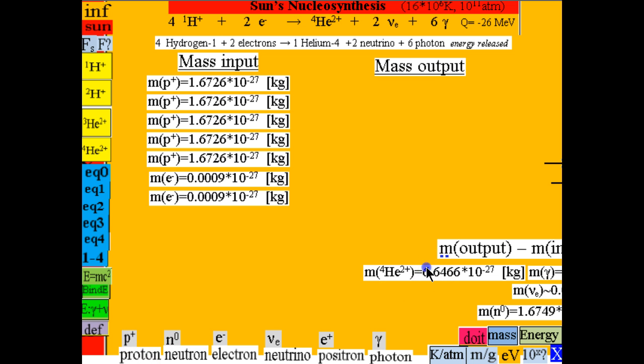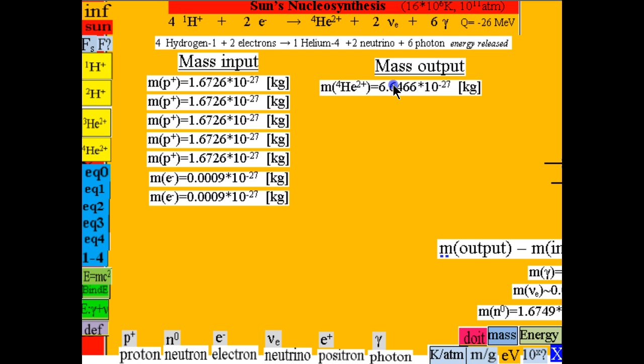The mass we get out of this equation is a helium-4 nucleus, which has a mass of 6.6466 multiplied by 10 to the power of minus 27 kilogram. This is a number we have to look up.